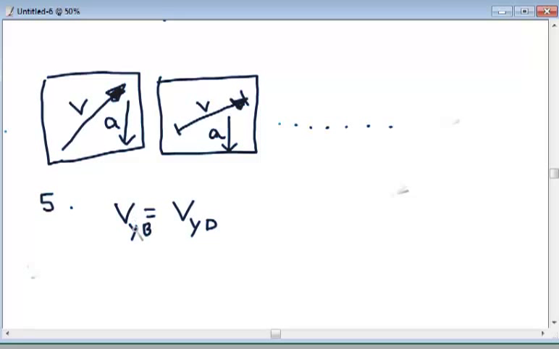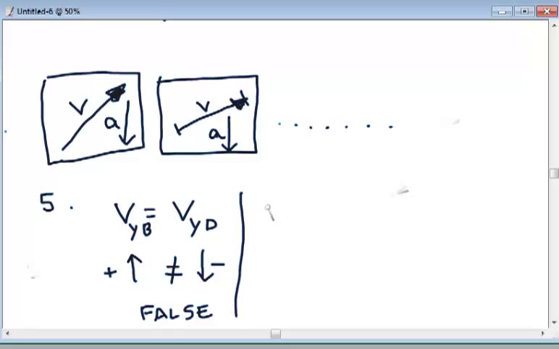And the answer is they are not equal, because at B it is going up. That's a positive number. And at D, the y velocity is going down. That's a negative number. And a positive thing cannot equal a negative thing. So the first statement is false.